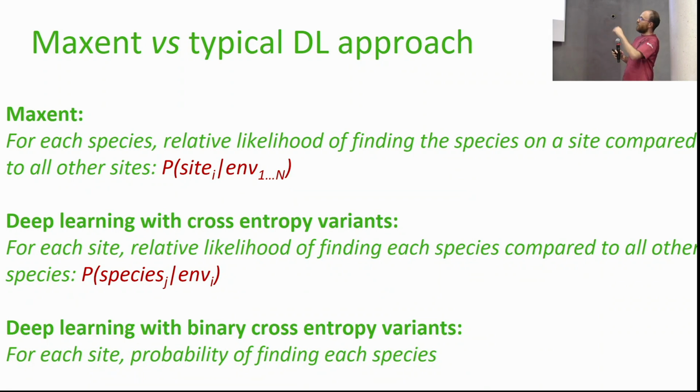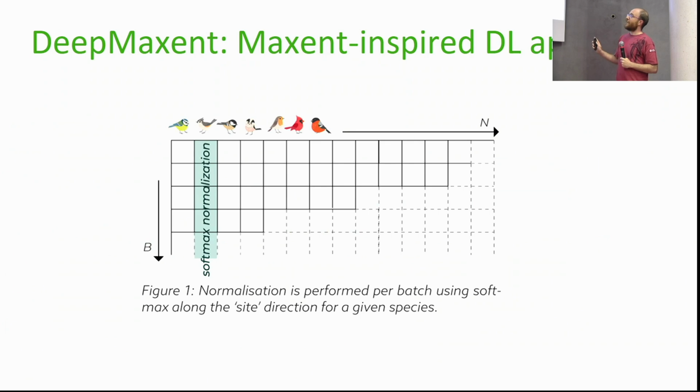And in the case of binary cross-entropy, it is very similar, except that the probability is not relative between species, but just the absolute probability of one species being present. So in the end, what we tried is that we have a batch of samples.